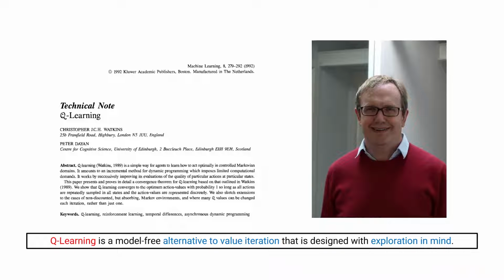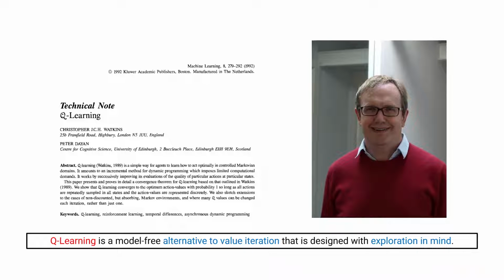So what is Q-learning? Well, Q-learning is going to be an alternative to the value iteration algorithm that we've been looking at in our last couple of videos. It's sort of an expansion on value iteration, so it applies a lot of the same techniques or ideas that we had in that algorithm.